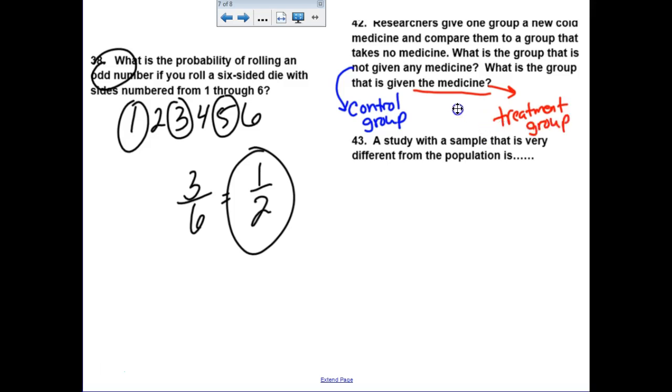Sometimes the control group is given a placebo, but it's still a control because there's no actual medicine, no changes being made to them. And then vocab word here, if you have a sample that is very different from the population, that means you are biased. Your sampling is biased.